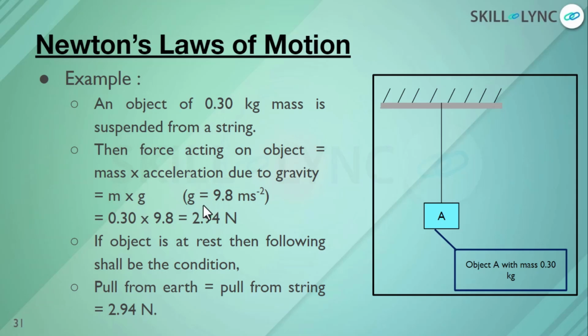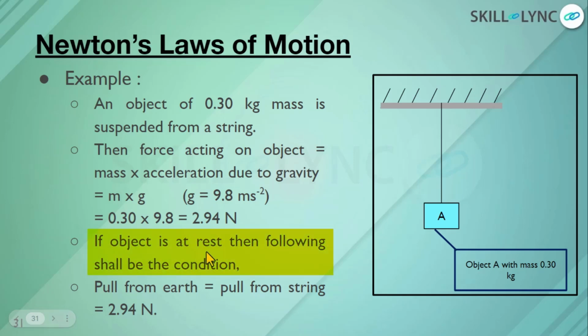Let's consider g, that is, acceleration due to gravity, equal to 9.8 meters per second squared. Therefore, by substituting the values, we can write mass as 0.30 kg times 9.8, that is, acceleration due to gravity, equals 2.94 Newton.